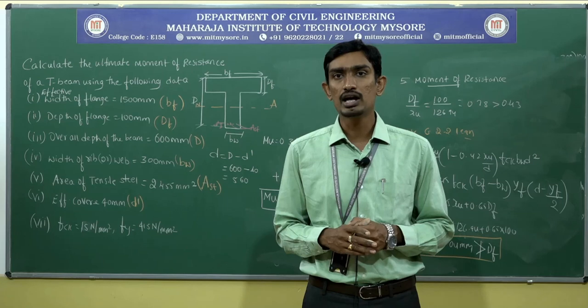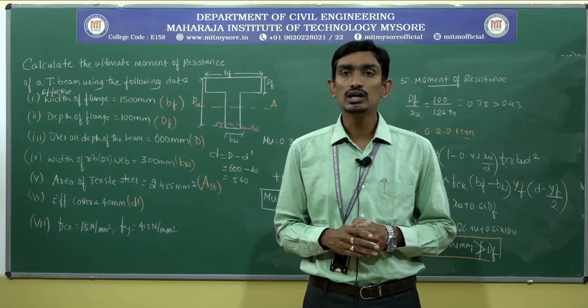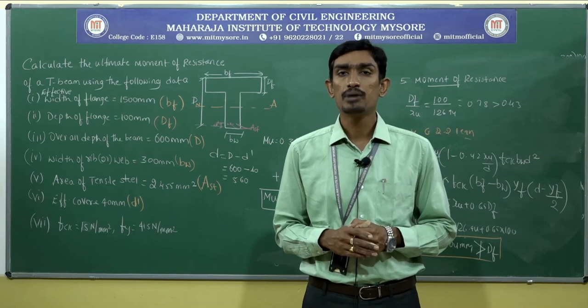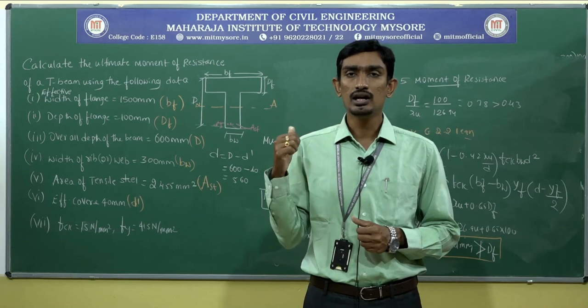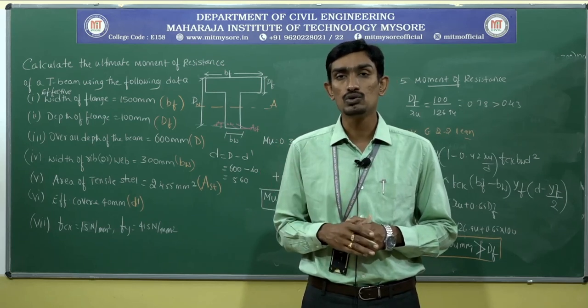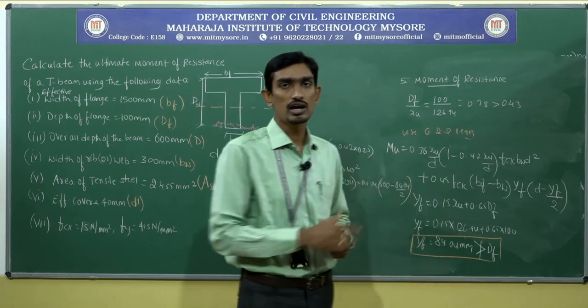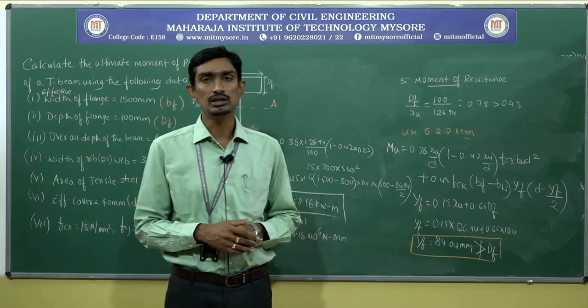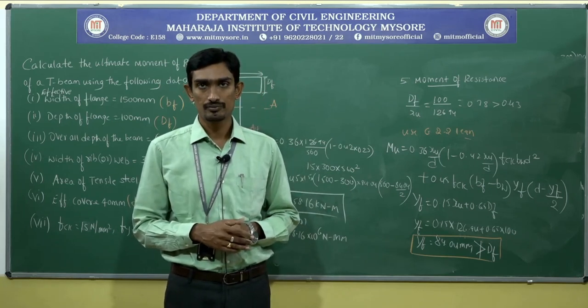If Df by Xu is lesser than or equal to 0.43, use the G 2.2 equation, page number 96 of IS 456. But in this case, Df by Xu is greater than 0.43. Hence, I use the G 2.2.1 equation, and finally I calculated the ultimate moment of resistance.